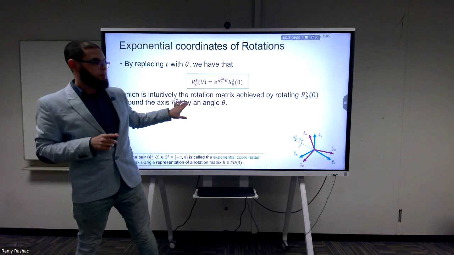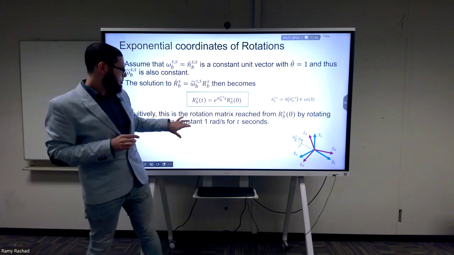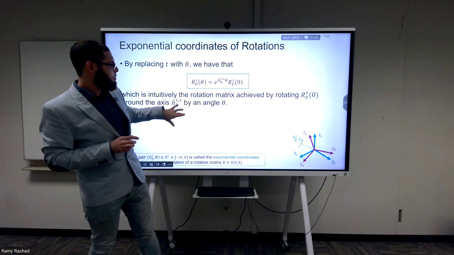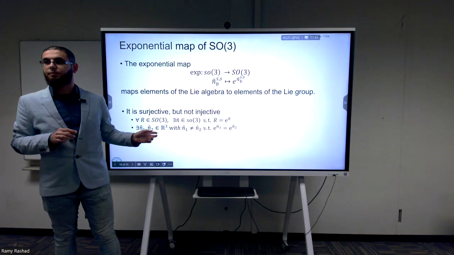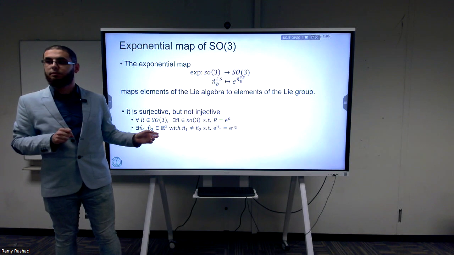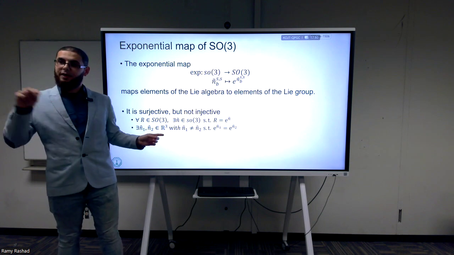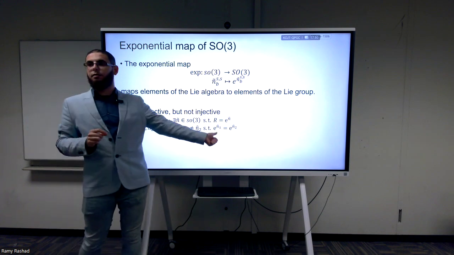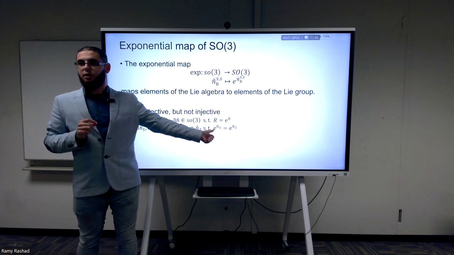Question: is the exponential function injective? The mapping of the exponential function. No, it's not injective. Injectivity means that every element is unique, so every n hat maps to a unique R. This is what injectivity means, right?